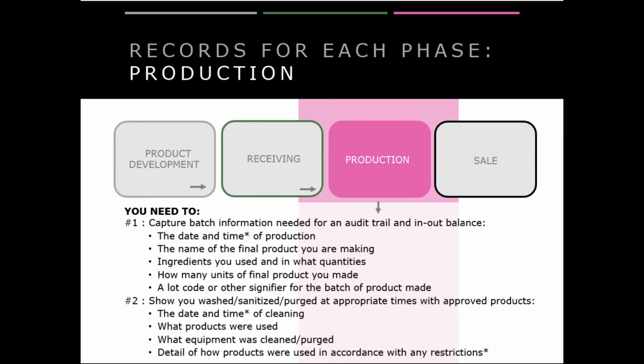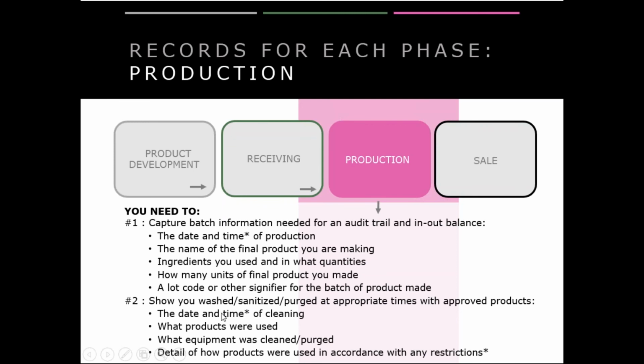So here's a detailed list of what information you need to capture. I won't go through each one specifically, but this is a good slide to maybe take a screenshot of. And where I have an asterisk means those are for operations that have both non-organic and organic. Okay, actually I have two different things. So the date I have and the time of cleaning.